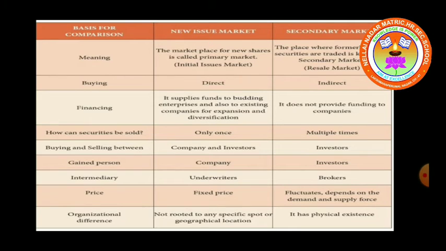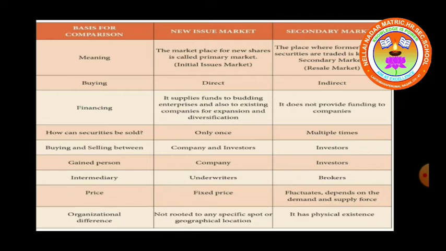Buying and selling between: in the new issue market, company and investors; in the secondary market, investors. Gained person: in the new issue market, the company; in the secondary market, investors. Then intermediary: in the new issue market, underwriters; in the secondary market, brokers.